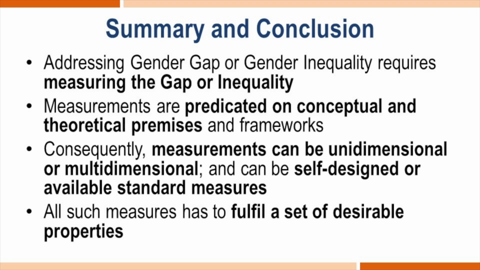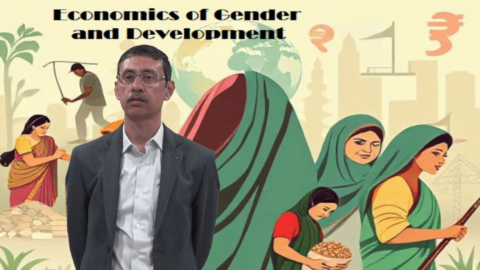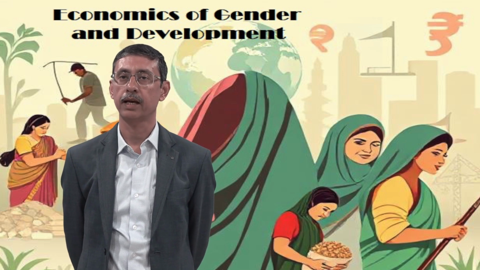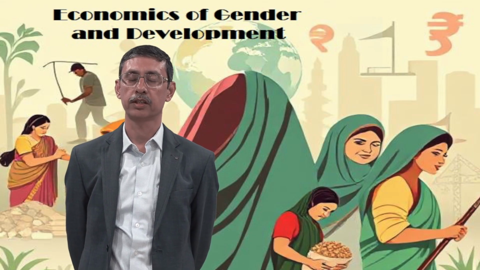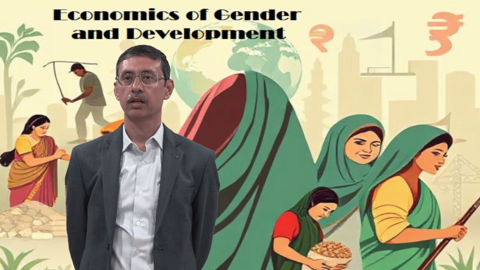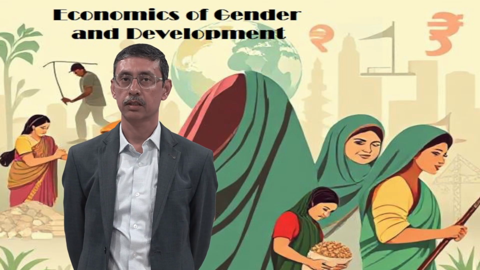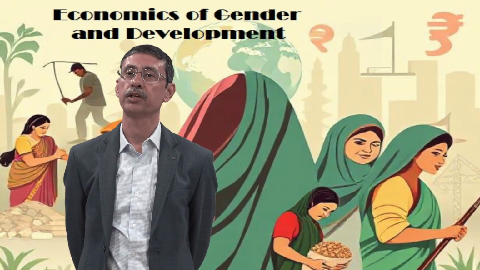And all such measures have to fulfill a set of desirable properties. All right, a set of desirable properties are to be tested if we want to apply different measures capturing the gender differences. So this concludes module 15, that is, gender differences: what matters and how to measure it.